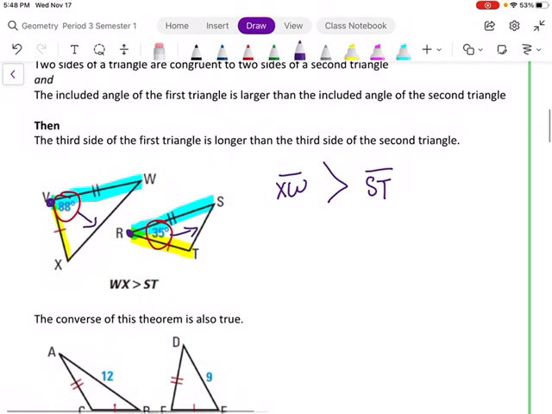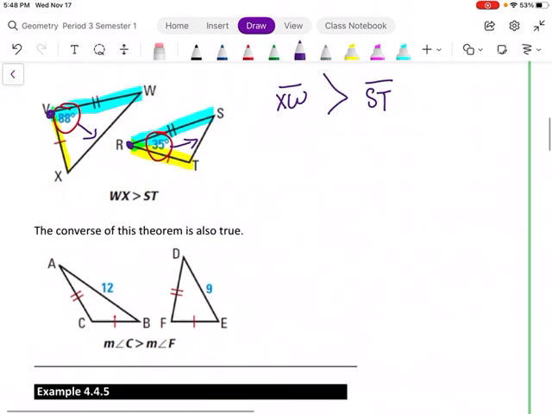The converse of the theorem is also true. So if we are given two congruent sides between the two triangles, again, and we know that the side across from them, for both of them, whichever one has the largest third side is going to have the largest angle across from it.